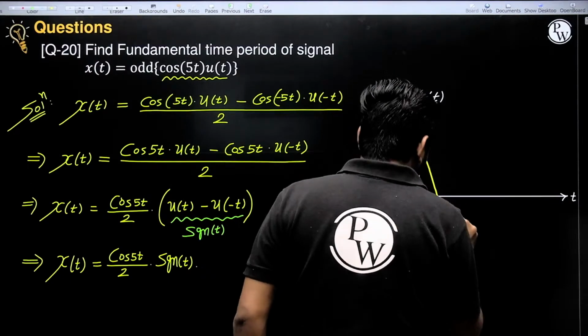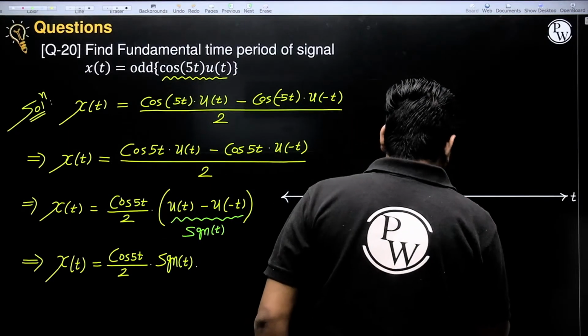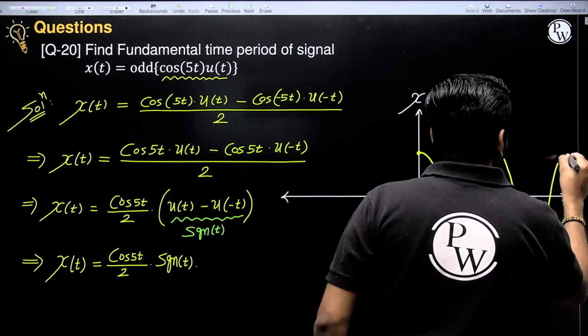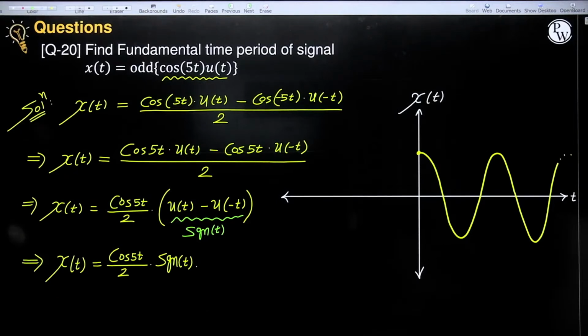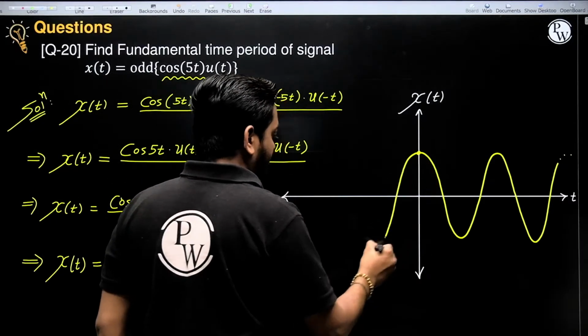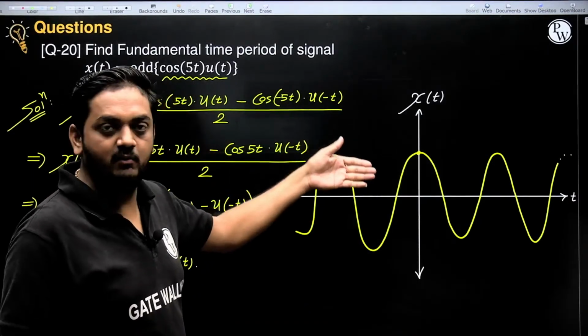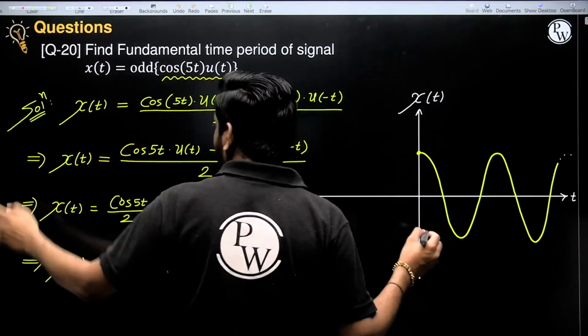And for t less than 0, cos 5t by 2 is multiplied with minus 1. This is the complete cos function, and for t less than 0, this amplitude is multiplied with minus 1, that is amplitude reversal. Amplitude reversal means it is like this.